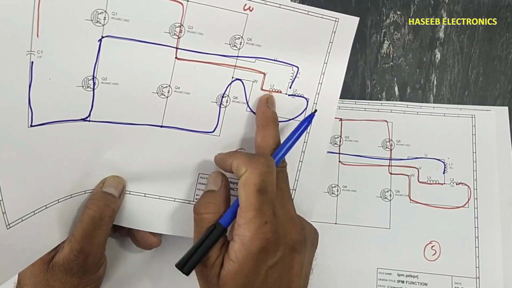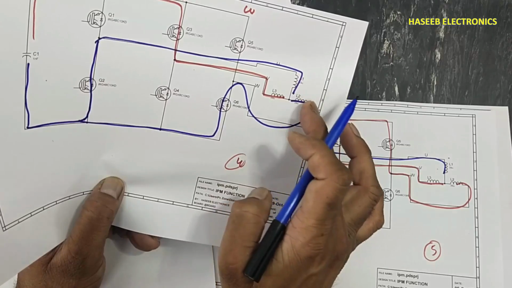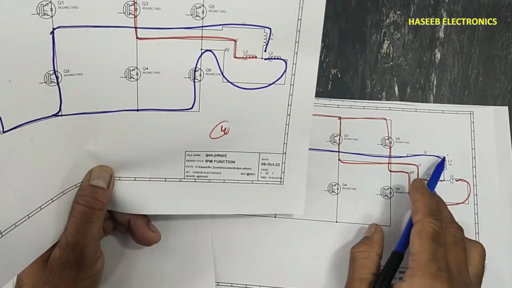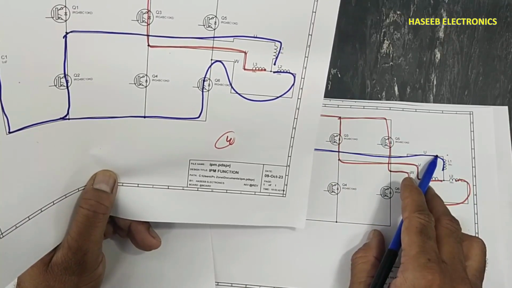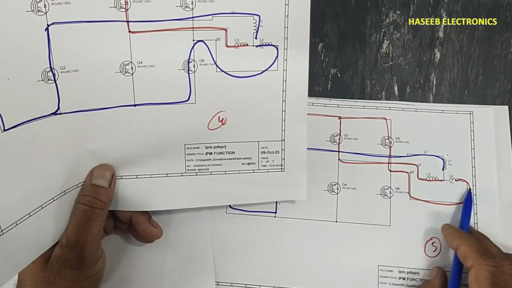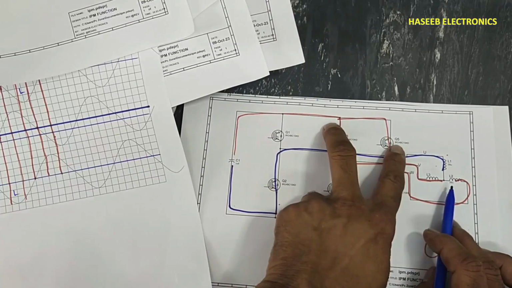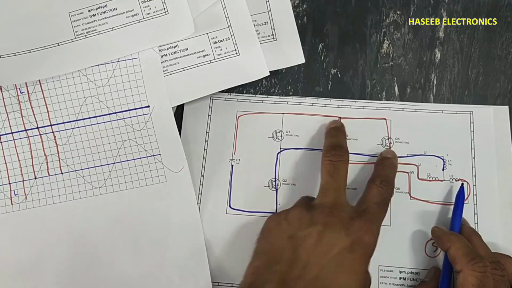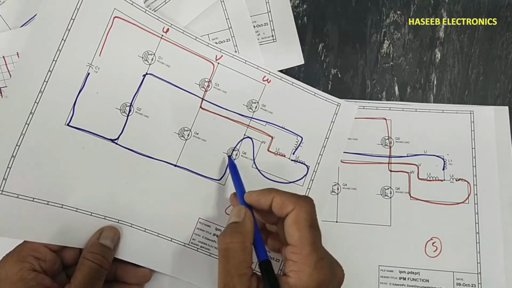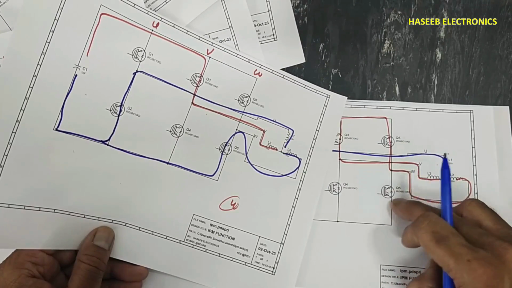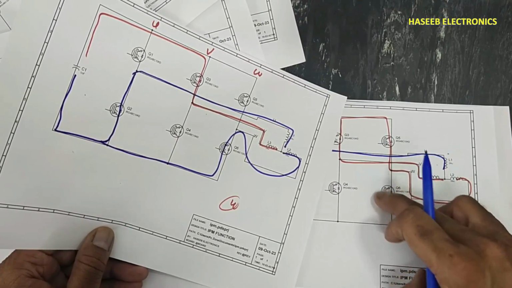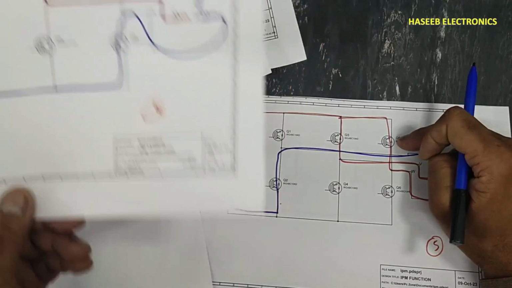In this condition, two windings are providing the return path, but now the return path from this winding, U winding, V and W will provide positive voltage because these two IGBTs are now on. Here this IGBT was on, but now this IGBT is turned off and this one is now powered on.